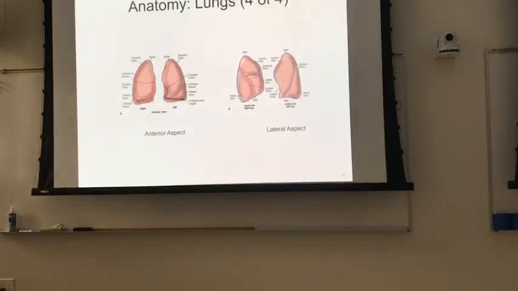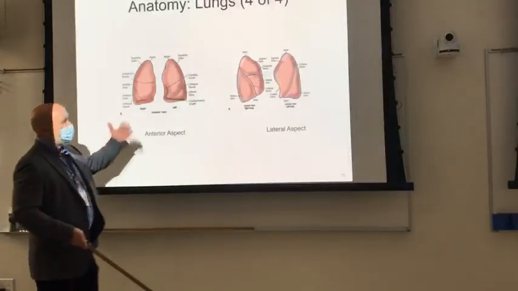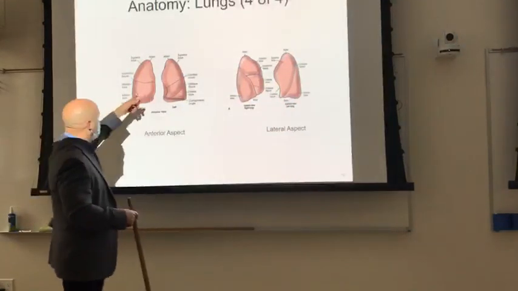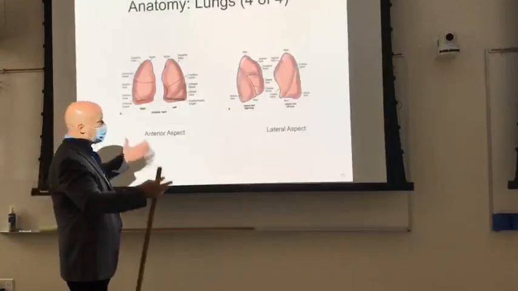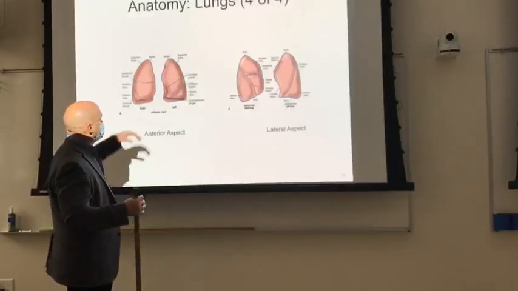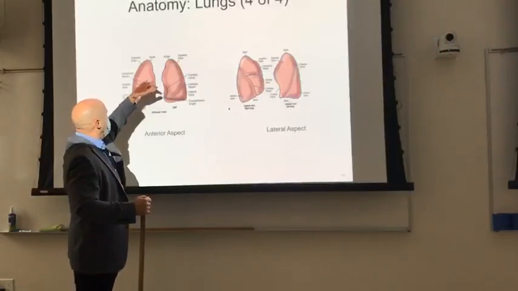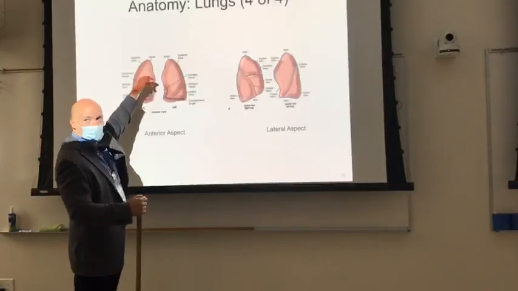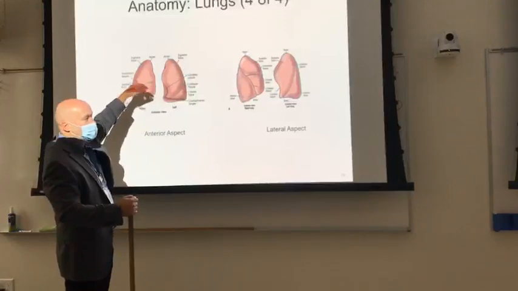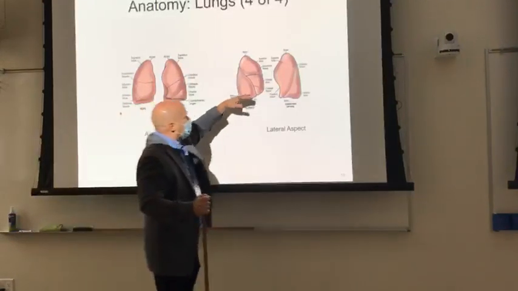Okay, so you see the lobes of the lung. So this is a PA projection, or an anterior view, a frontal view. You see inferior, middle, and superior lobe of the right lung. Right? But look on the lateral.